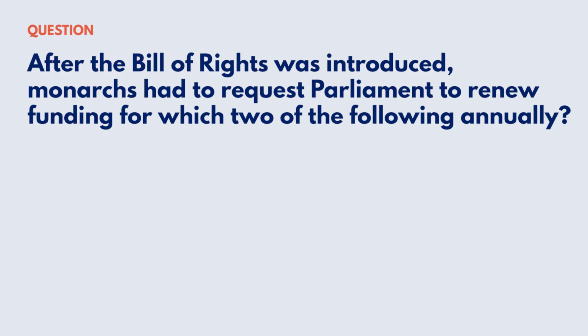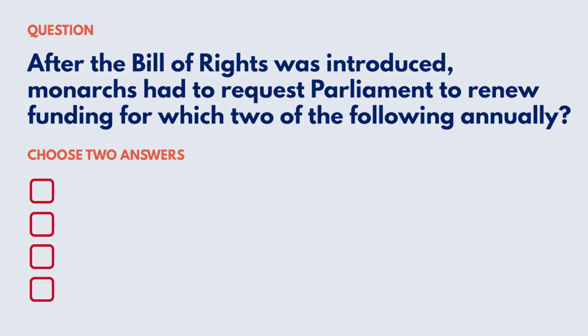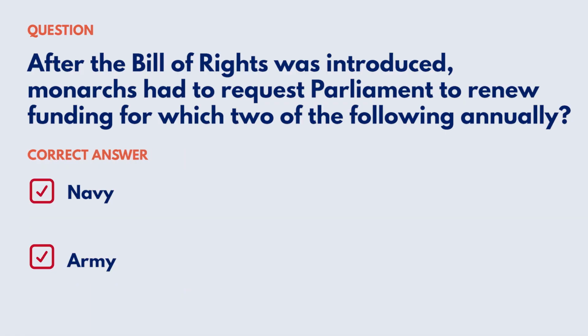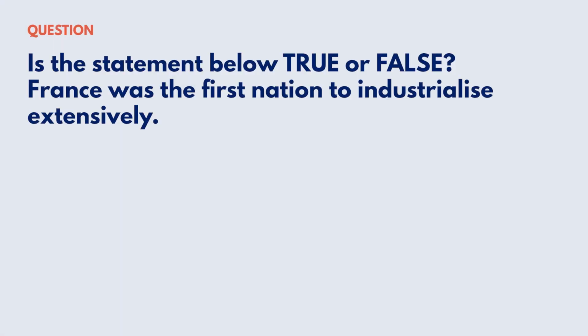After the Bill of Rights was introduced, monarchs had to request Parliament to renew funding for which two of the following annually? Navy, palaces, army, building of castles. Correct answer, Navy, army.